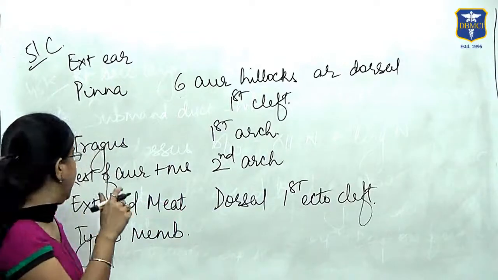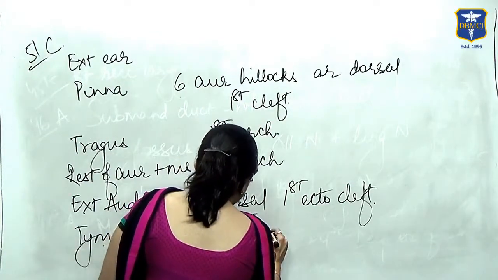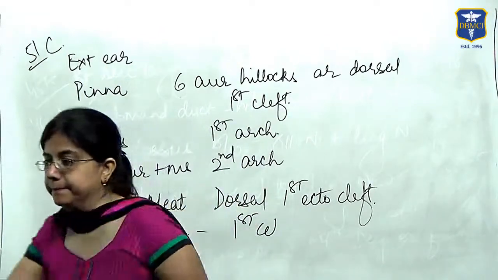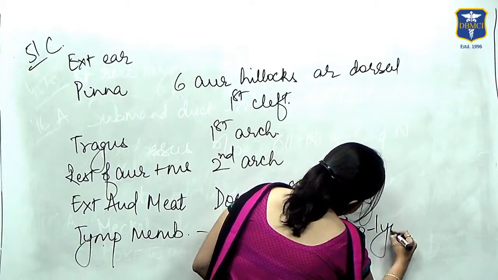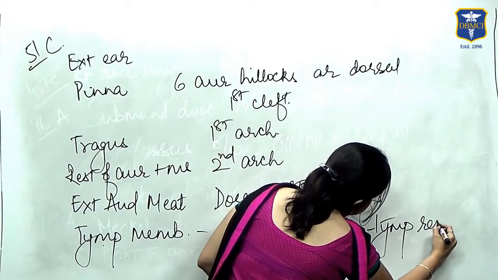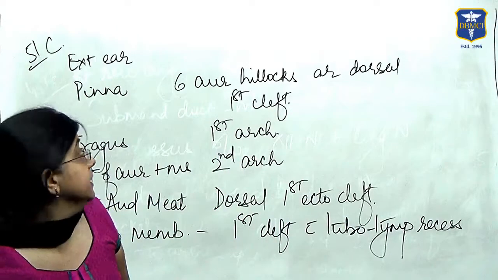It develops by apposition of first pharyngeal cleft with the tubotympanic recess, with the mesoderm in between.